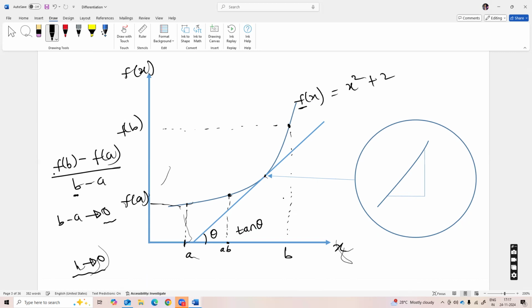If we try to zoom in, like I already told, this line is representing this point b comma f of b, and this point a comma f of a, because the x coordinate is a, y coordinate is f of a, and here the x coordinate is b, y coordinate is f of b.